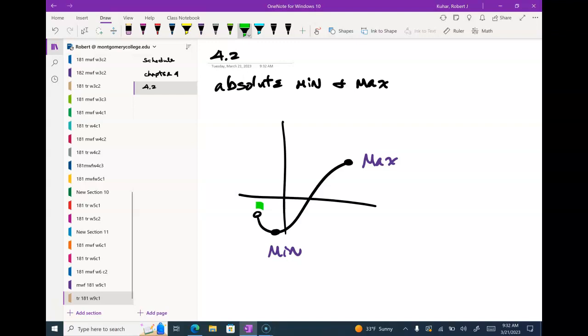What's kind of weird is this guy's called a local max. It's not an absolute max. Local meaning when I'm on that part of the hill, I'm higher in the air compared to anyone close to me. So if anybody was real close to me, I'd be standing higher than them. Yes, there's another higher part of the mountain, but I don't care.